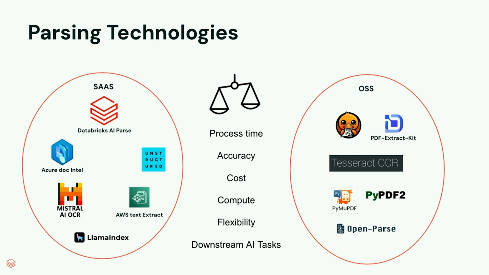There's process time: what's the time it takes to process each page? That determines whether you can actually finish processing within a certain time frame, right? The accuracy, the cost, the compute, and also the flexibility in downstream AI tasks. So there are a lot of considerations.